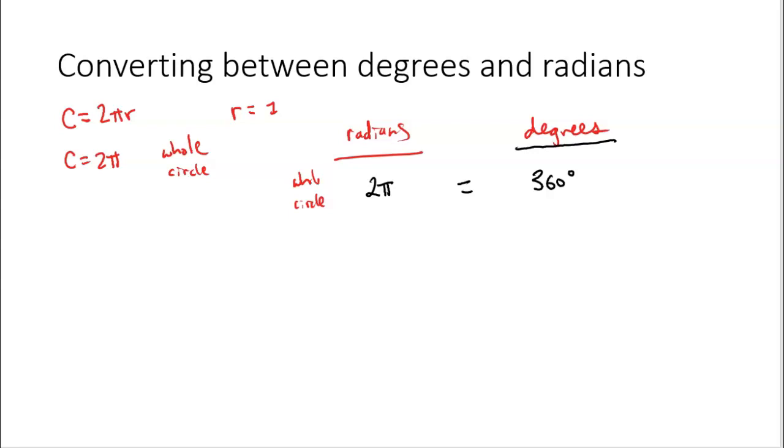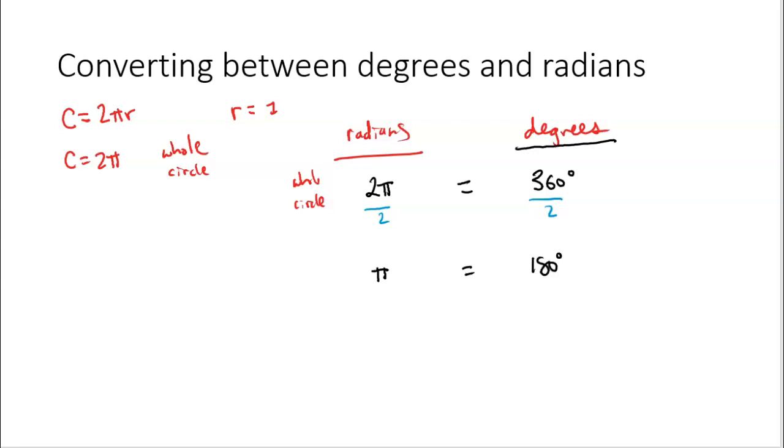Now, if these two are equal, I can divide both sides by a number. What happens if I divide the right and the left side by 2? I get pi on one side, and 360 divided by 2 leaves us with 180.